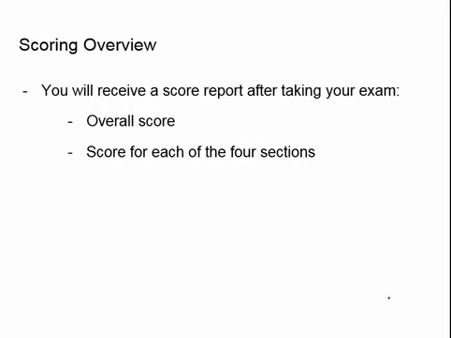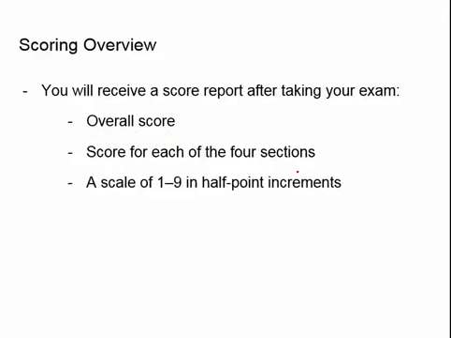Your overall score is really your average of the scores you receive in listening, reading, writing, and speaking. I'm going to describe that a little more in detail later in this lesson. For now, just know that you'll receive all of those types of scores after you take the exam.